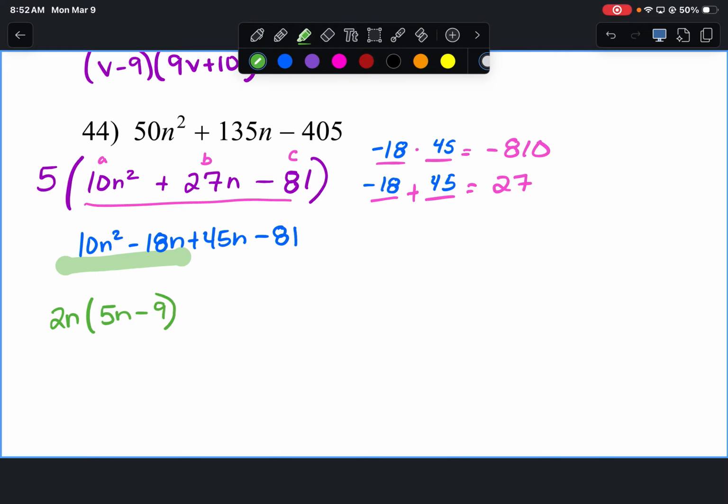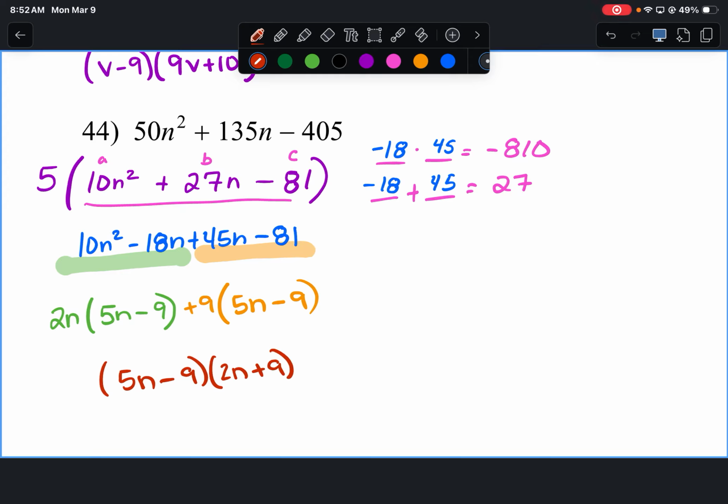Okay, for the second half, what is their GCF? Wait, no. I'm sorry. Forgive me. I think it's 9. It is 9, which leaves us with 5n minus 9. What part is the same? What part's left over? 2n plus 9.